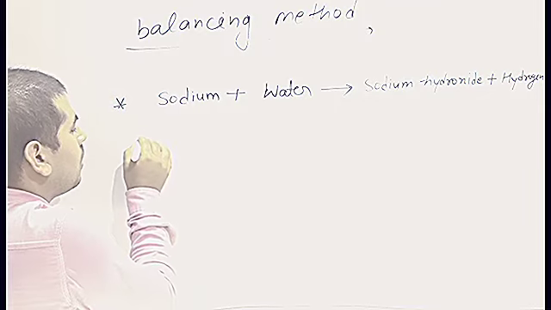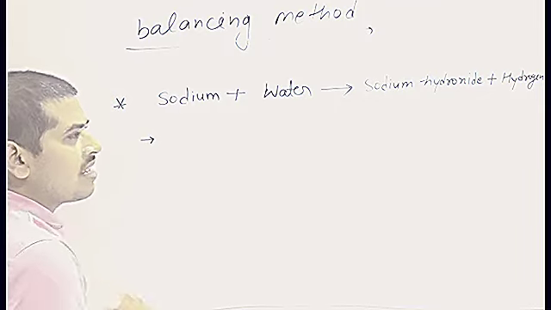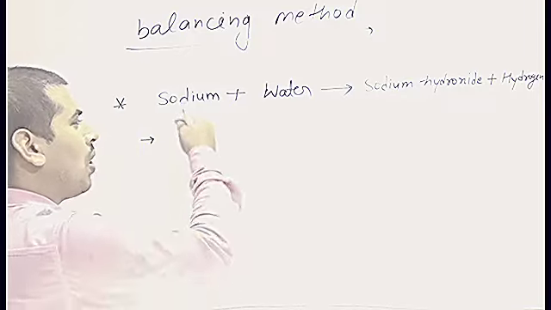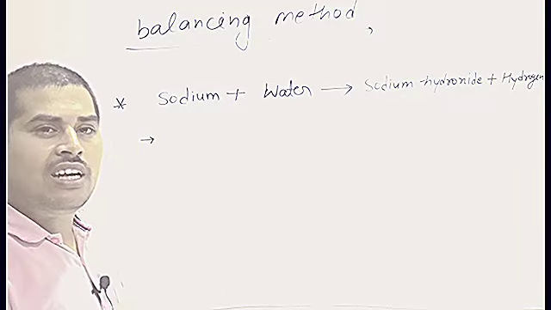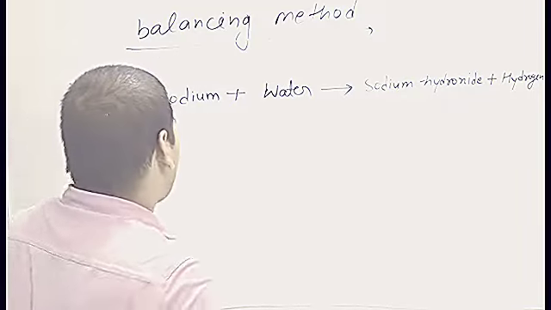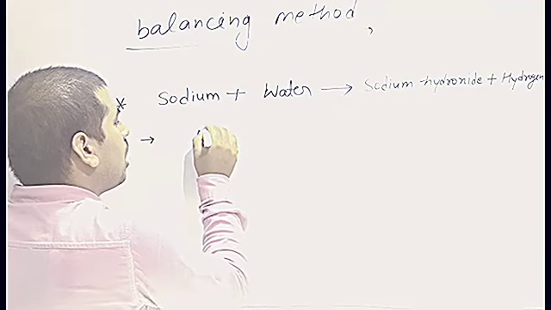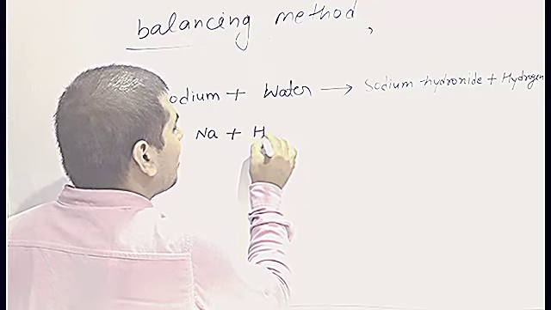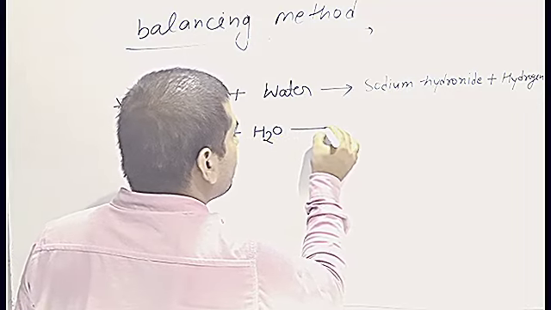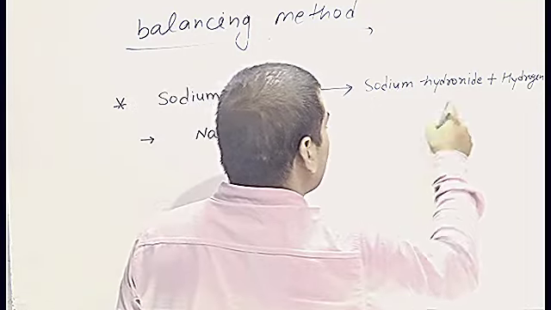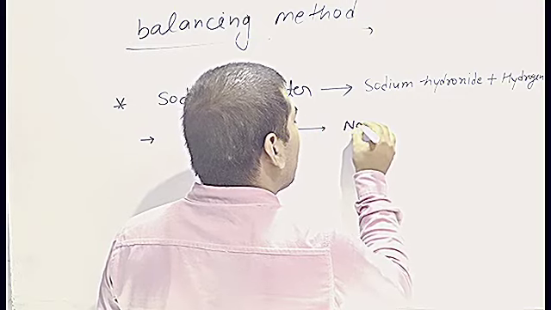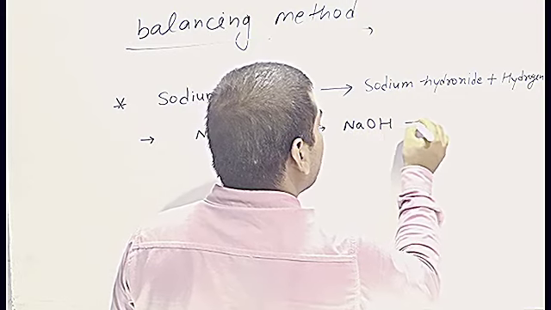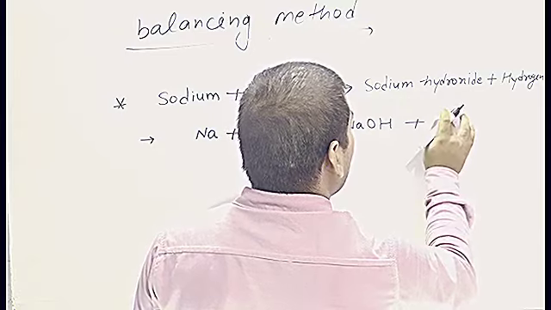Okay, now first step, we have to write this equation in symbolic format. So the symbol of sodium is Na, water means H2O, gives out sodium hydroxide means NaOH, and hydrogen means H2.